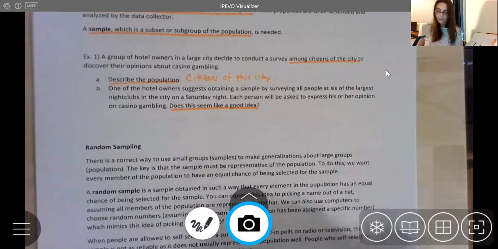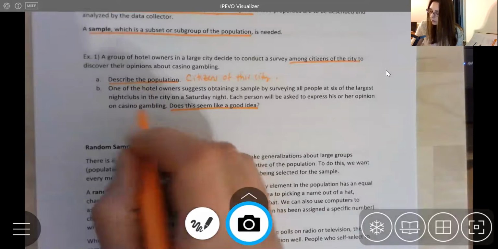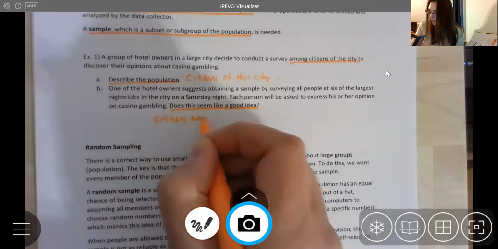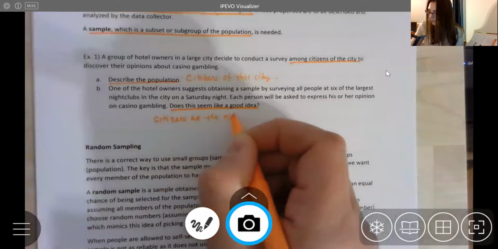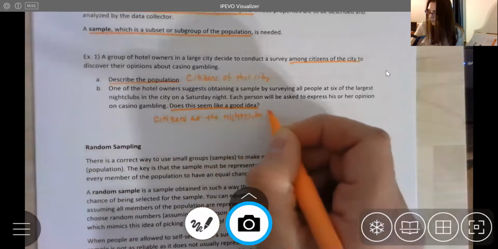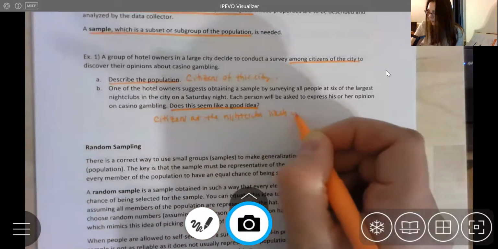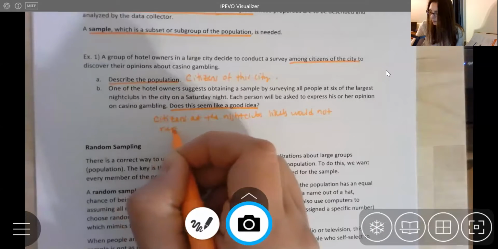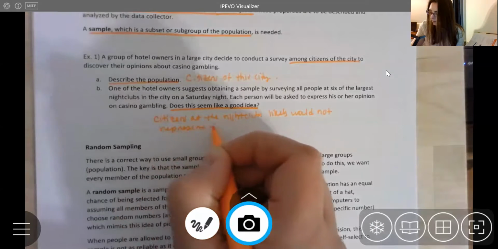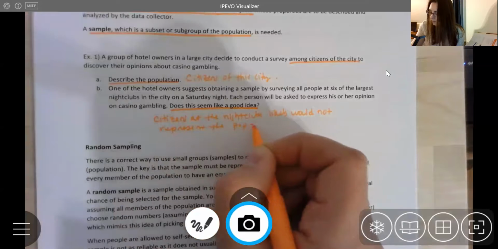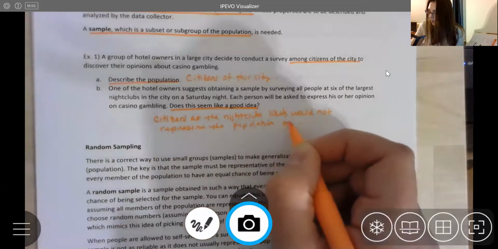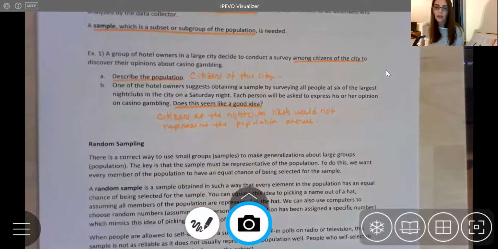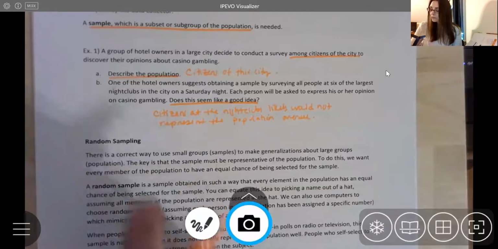No, probably not. So citizens at the nightclubs likely would not represent the population overall. So that would not be a good way to get a sample here from the city, right?